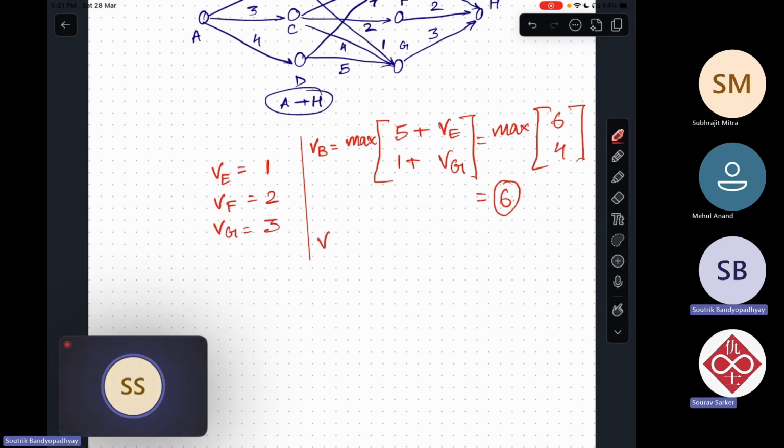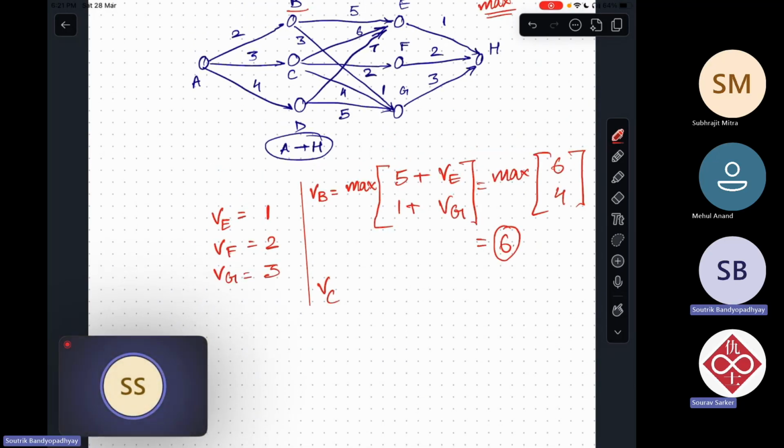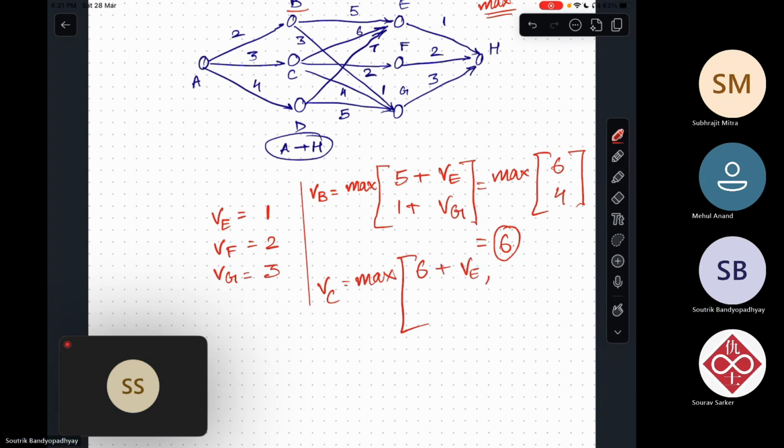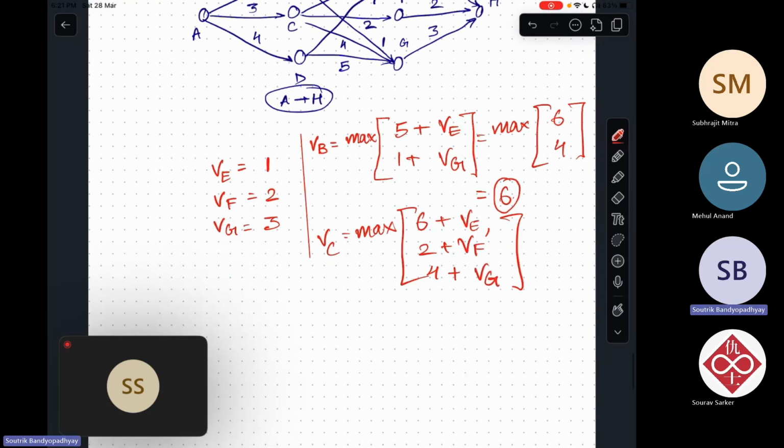Now let's look at the value of C. There are three chains. One from C to E: the stage cost is 6 plus V of E, comma, the stage cost of 2 plus V of F, and the stage cost of 4 plus V of G, right?